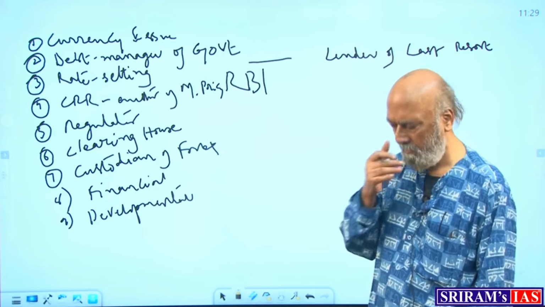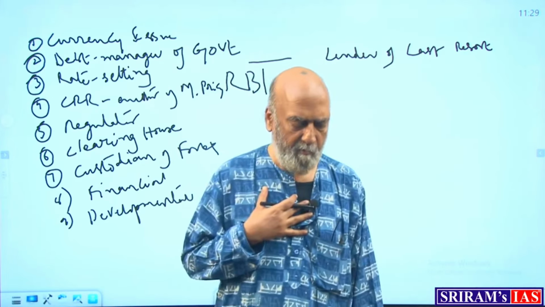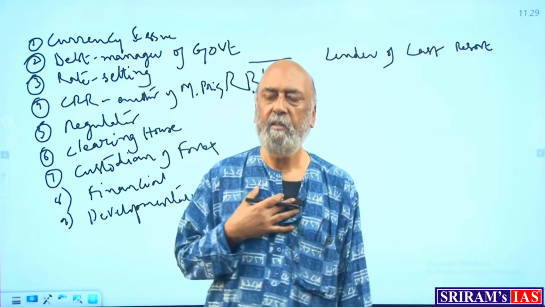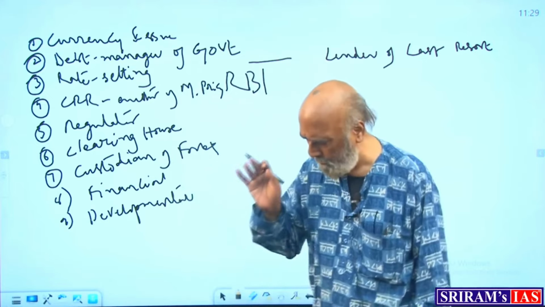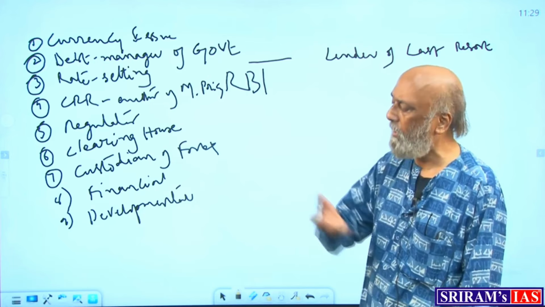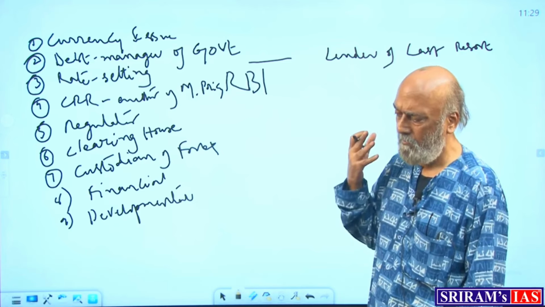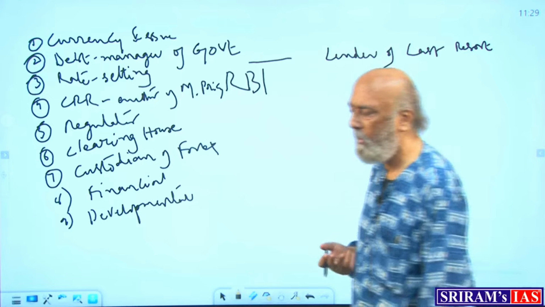Like that film Jawan, Shah Rukh Khan says, I am your father, I will always be there for you. That is the relation that the RBI has with the commercial banks. I will always be there. I'll bail you out. Lender of last resort. But I'm not first resort. Last, if you are going bankrupt, come to the RBI.